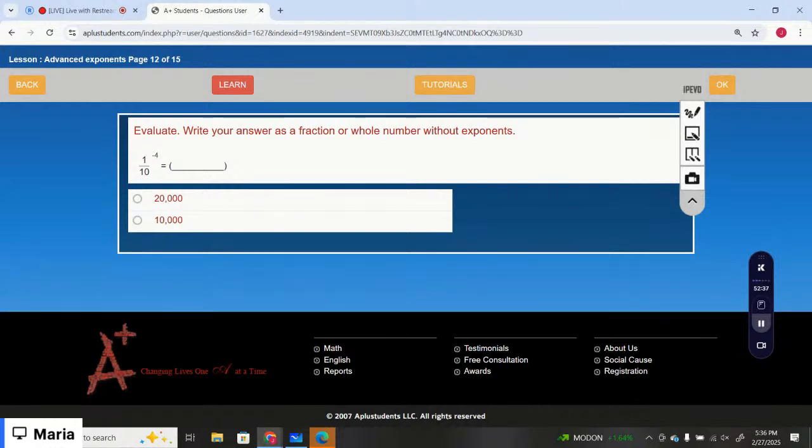One over 10 exponent negative 4. So which is the correct option? 10 times 10 times 10 times 10, that is 10,000.